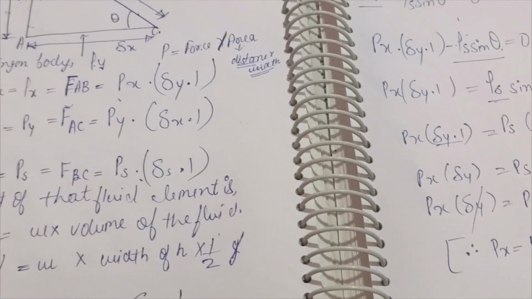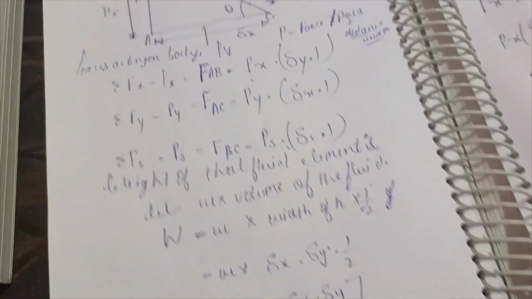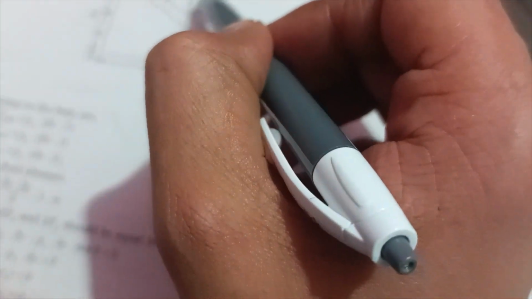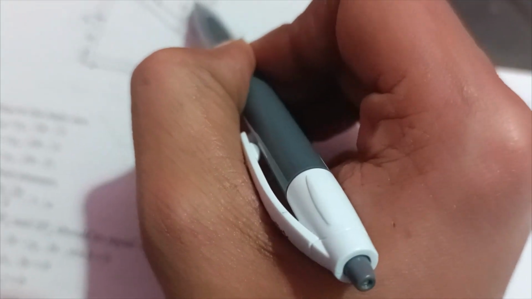Similarly, for sigma Fy, Py minus Ps cos theta equals 0 if they are in equilibrium.